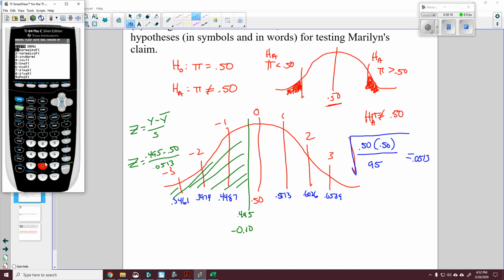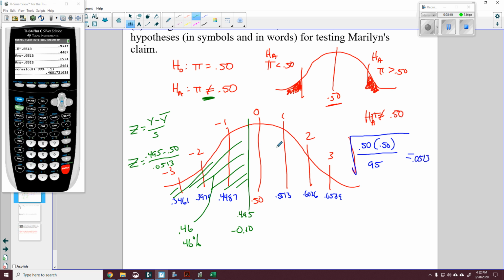So I'm going from negative 99 to negative 0.1. And I find that this probability right in here is 0.46, so about 46%.